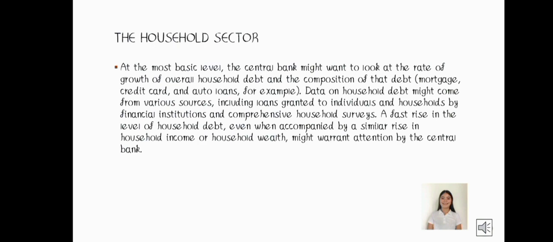The experience from the global financial crisis has shown that fast rising mortgage debt, even when accompanied by fast rising household wealth due to fast rising stock and housing prices, can lead to financial instability when the economy slows down or when housing prices start to drop.